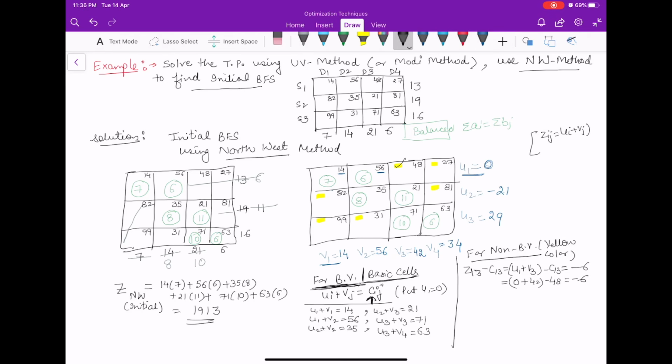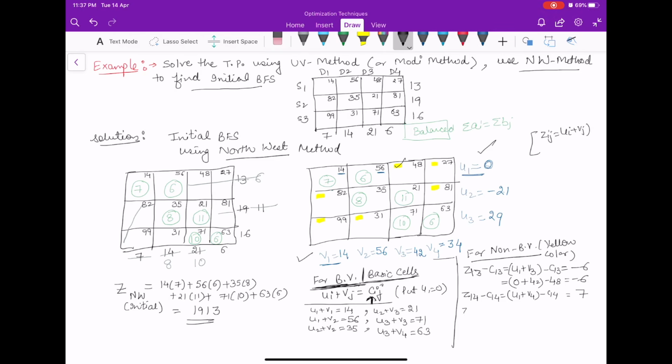In a similar way, we calculate Z14 minus C14, which means it is u1 plus v4 minus C14. We have already calculated the ui's and the vi's. So u1 is 0, v4 we know is 34, and C14 is 27. Once I calculate this quantity, it comes out to be 7.